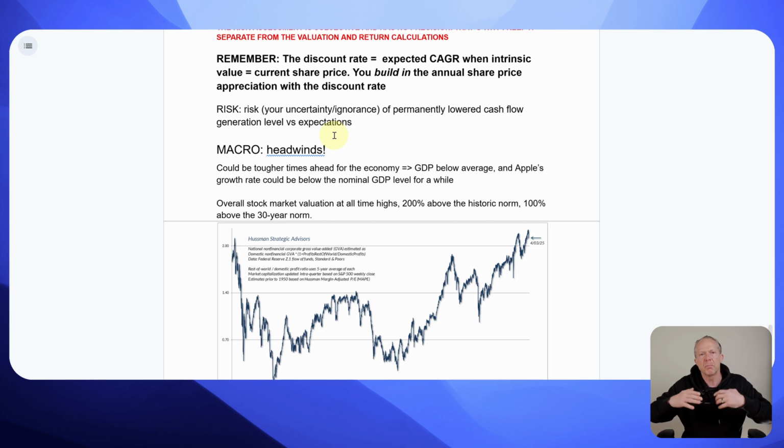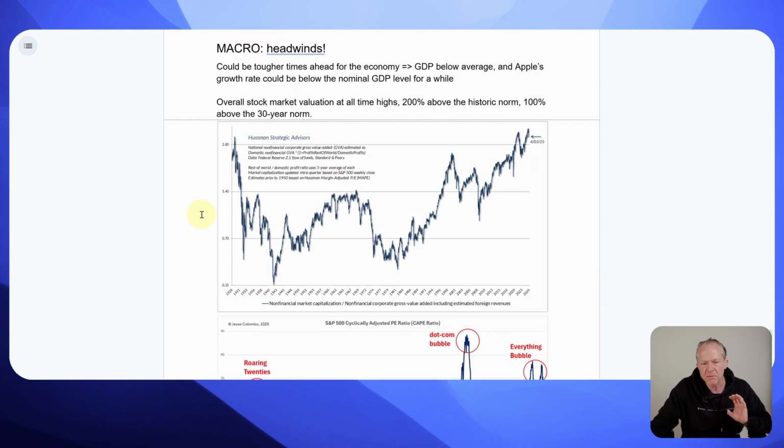It's the risk of a permanently lower cash flow generation versus expectations. So it's the risk of a permanent profitability miss. And we have already concluded that this is not a stock to invest in. It's priced to perfection. There's a pretty huge downside, both technically and fundamentally.